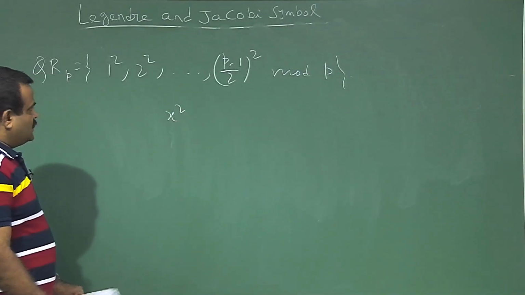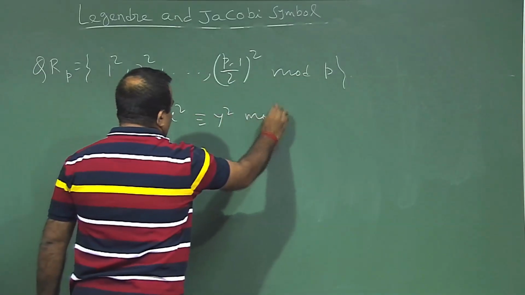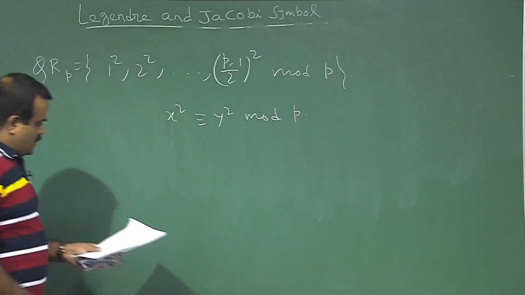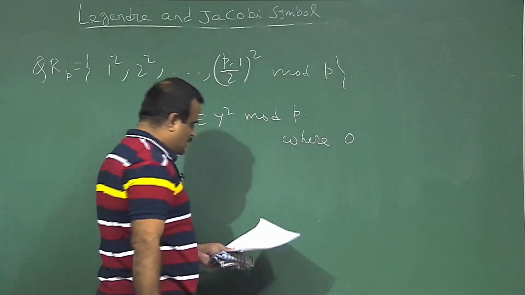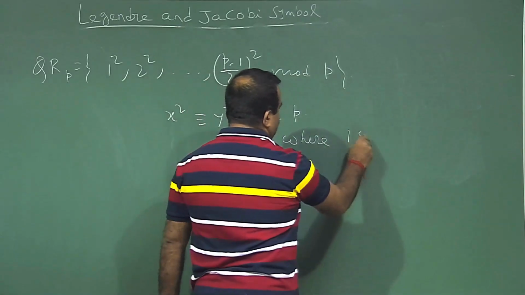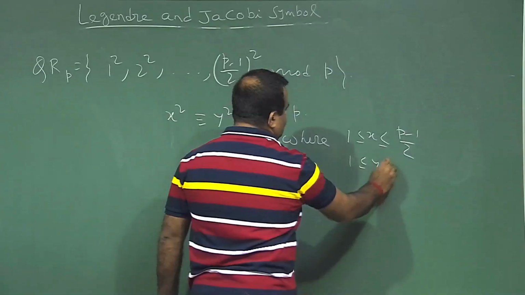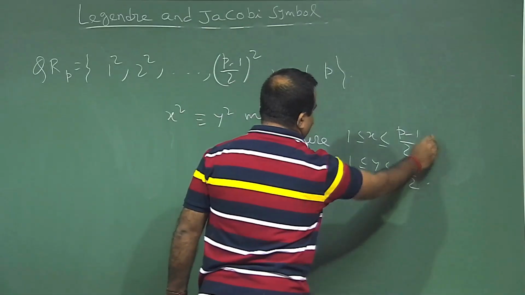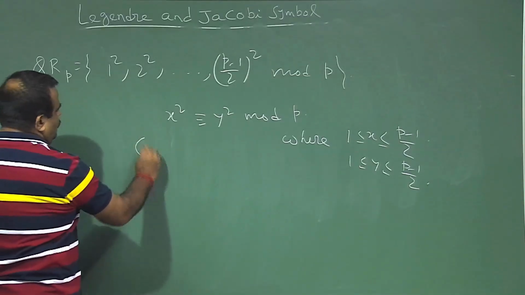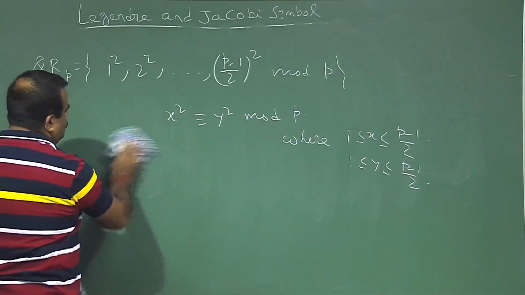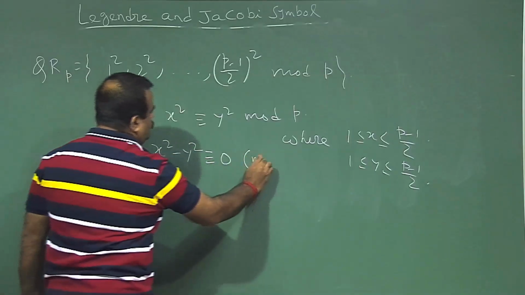Suppose they are not distinct, suppose x square is congruent to y square mod P, where x and y both come from 1 to (P minus 1) by 2. Okay. Now, from here we can say x square minus y square is congruent to 0 mod P.